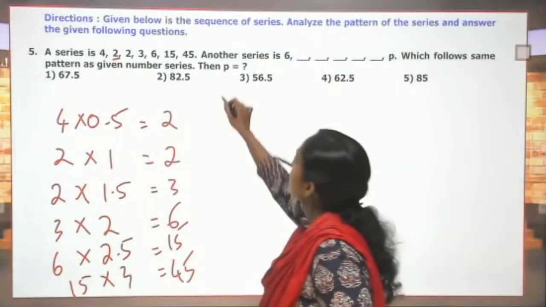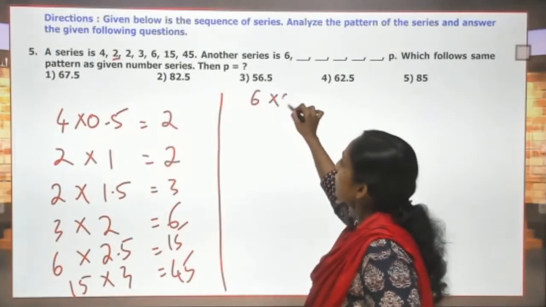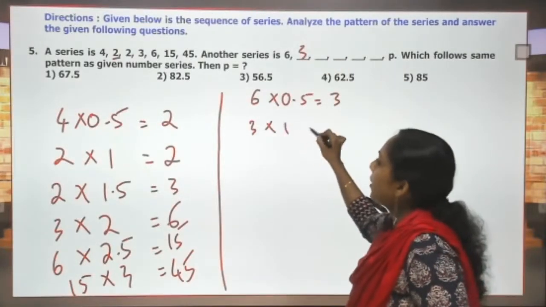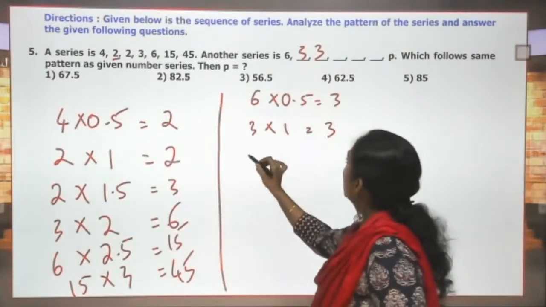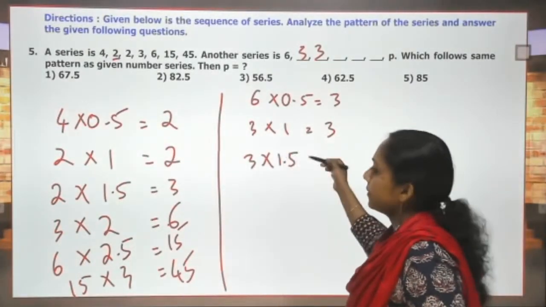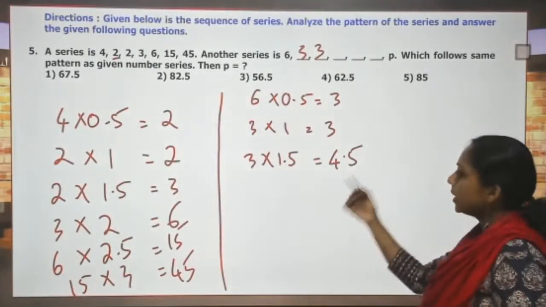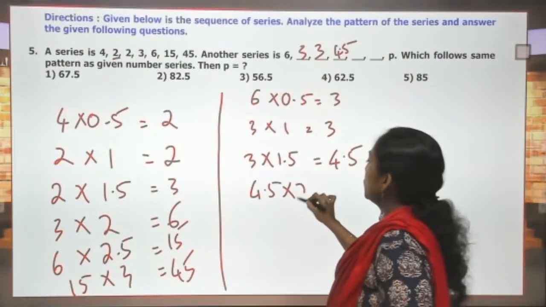Next, let's start with our new series, which starts with 6. So 6 into 0.5, that is 3, so this term is 3. Next, 3 into 1 is 3 itself, so the next term is also 3. Next, 3 into 1.5, that is 4.5. Next, 4.5 into 2, that is 9.